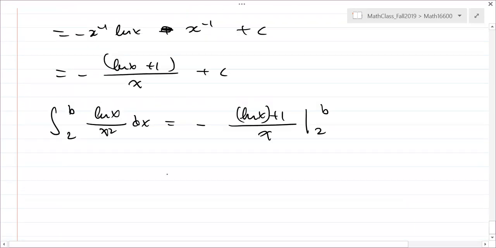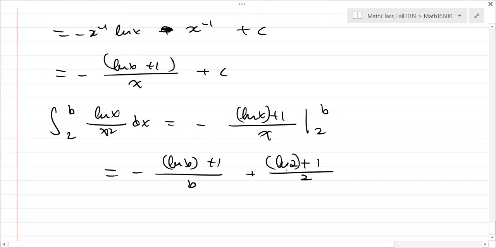The first term will be negative natural log of b plus 1 over b, minus the value at 2, which is plus 2 natural log of 2 plus 1. Clearly, this approaches a finite number. Why? Because in the first term, the denominator moves faster than the numerator. Let me change the order: b approaches infinity.